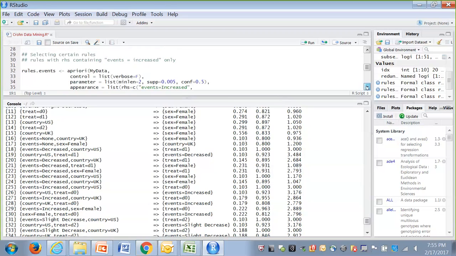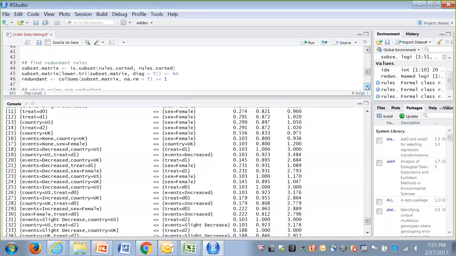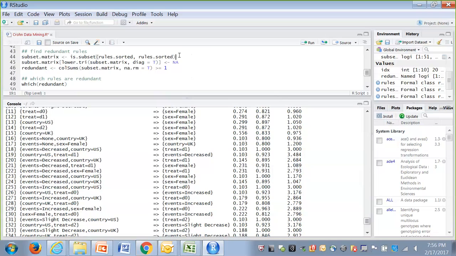So when I'm running these particular subsets, it's basically comparing subsets of rules. It's looking at the sorted rules. When you sort, it creates this little subset of particular rules, and it's comparing them to other rules and saying, is this one a subset of this rule?